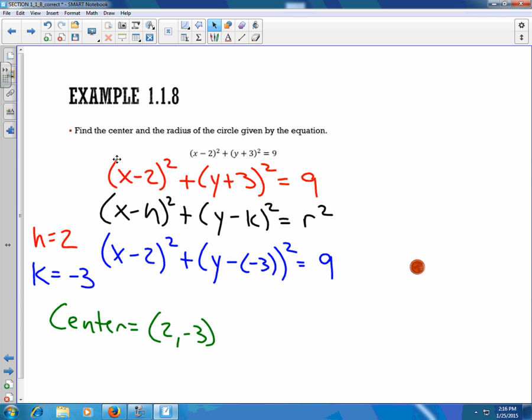Now to determine the radius, we just want to say that r squared is equal to 9. Take the square root of both sides, and we get r is equal to 3. So we have the center at the point (2, negative 3), and the radius of the circle is equal to 3. And we determined both of those only from the equation.